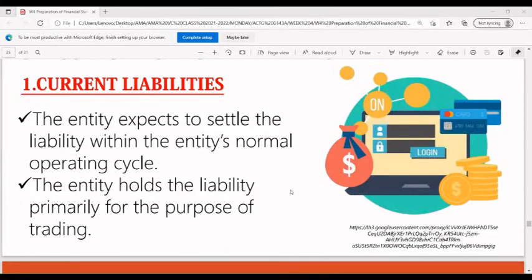So it will be called current liabilities if it is within the span of 12 months or within that certain year.